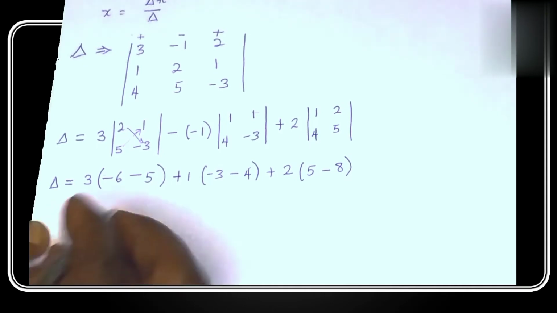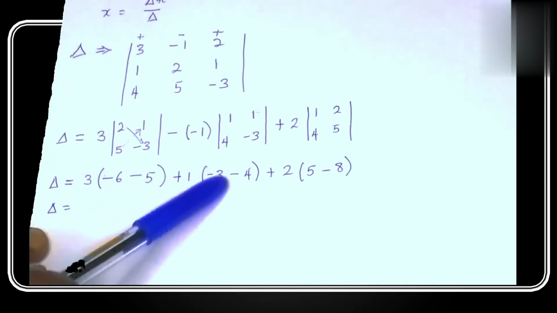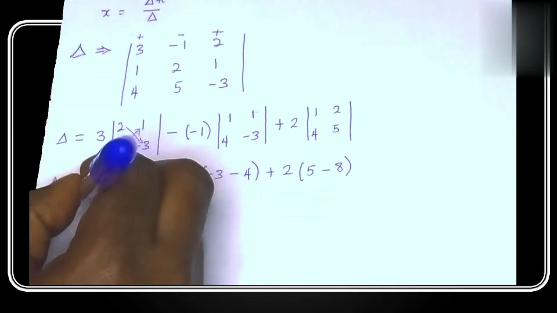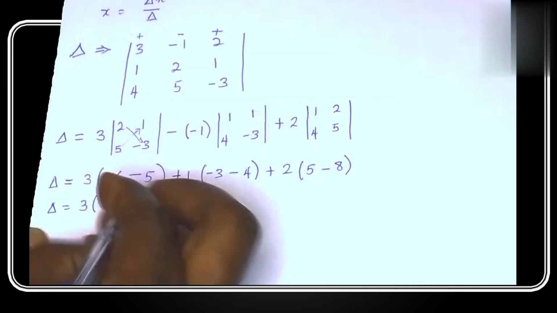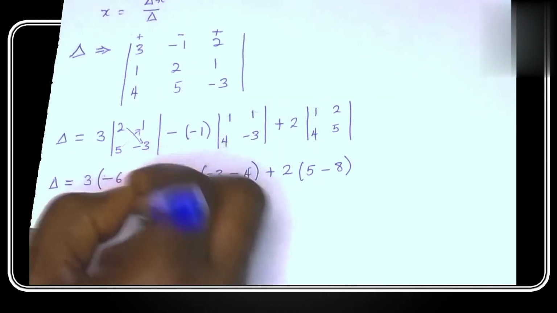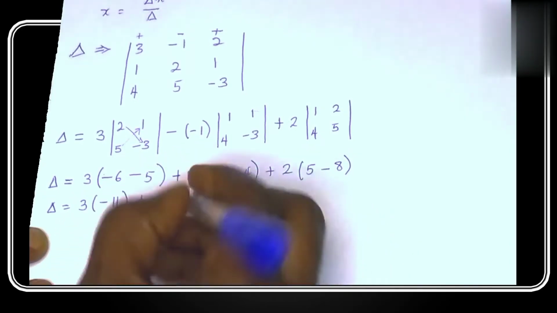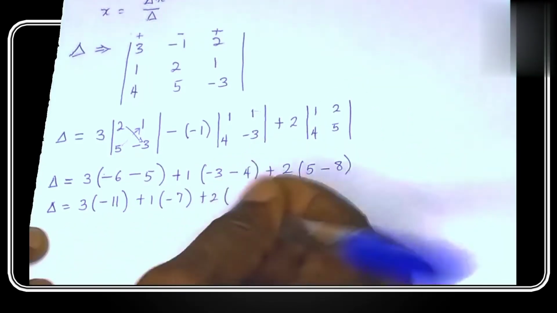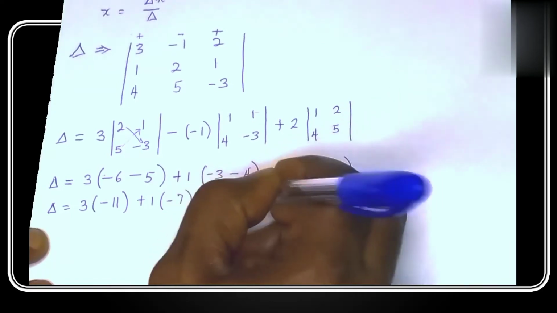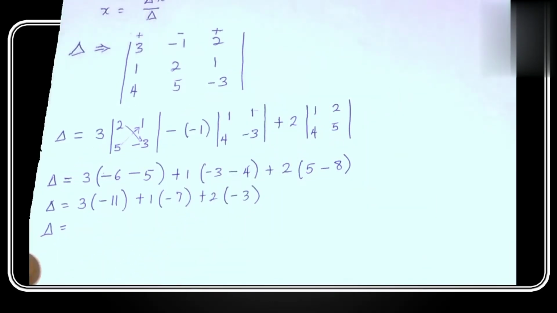At this point, we continue trying to solve the contents of each bracket. That will be our next step, to solve the contents of each bracket. Minus 6 minus 5 gives us minus 11, plus 1 into minus 3 minus 4, minus 7. Then plus 2 into 5 minus 8 will give us minus 3. Now, let us expand each bracket.